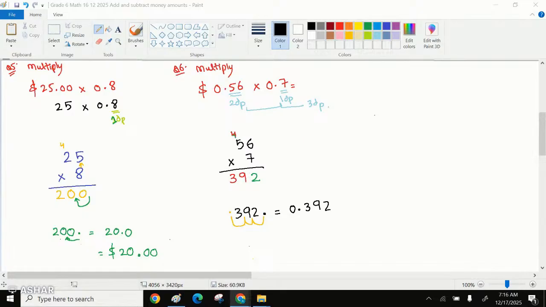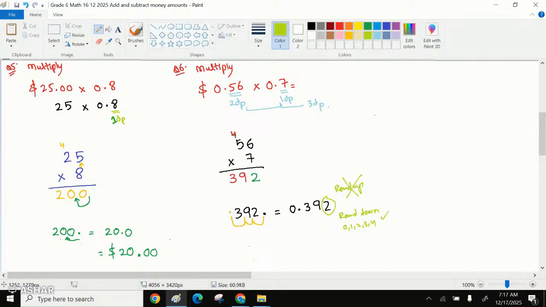there can be 100 cents. And the maximum cents could be 0 to 99, because when the cents go from 99 to 100, it converts into a dollar. So what we need to see is whether this would round up or round down. Since it is a number between 0, 1, 2, 3, and 4, this will round down.